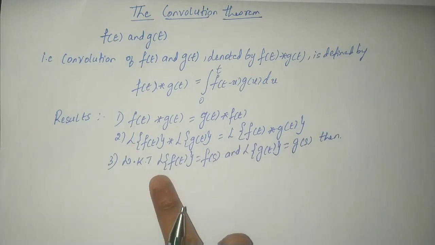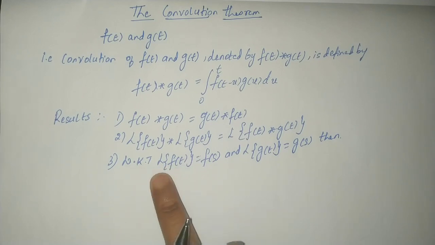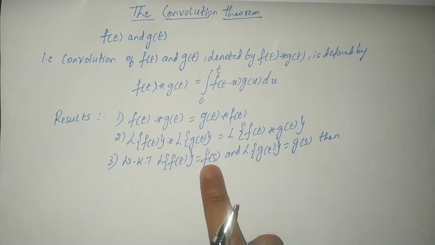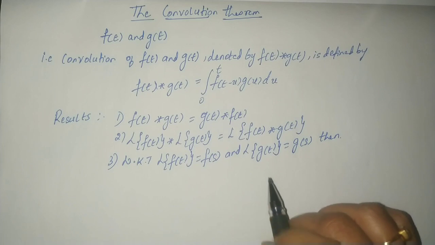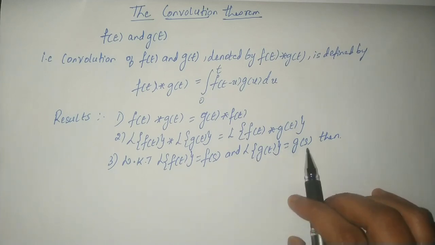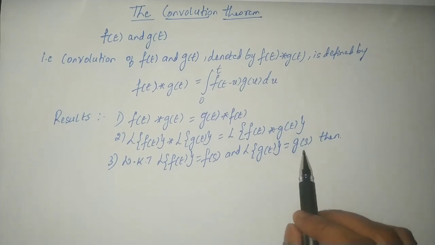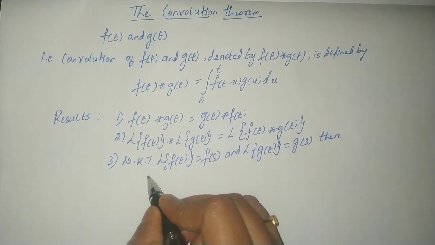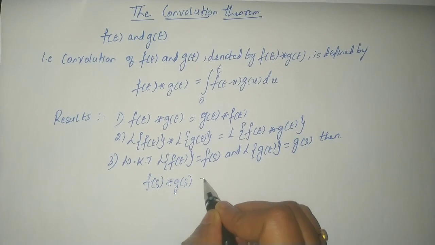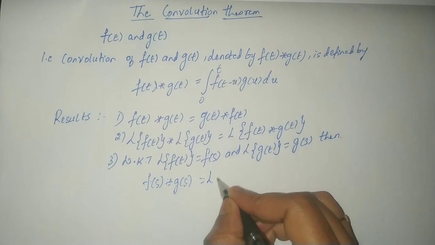Check out the third result. We have already stated this in Laplace transform. Laplace transform of f of t will give f of s. Now we have taken another function, Laplace transform of g of t, whose solution will be a function of s, that is g of s. If this is there, then just take the product of these two, f of s into g of s. Can I write it as Laplace of f of t into Laplace of g of t?